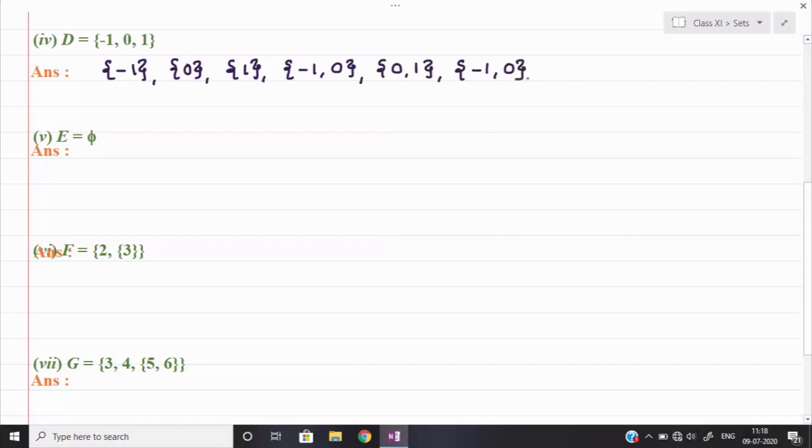So these many parts we can generate, and the second last one will be the set itself, {-1, 0, 1}, and the last one is ϕ. So total number of sets, we count how many we got here: 1, 2, 3, 4, 5, 6, 7 and then 8. I will tell you how to find the number of subsets with the help of the given elements. That we shall see a little later.